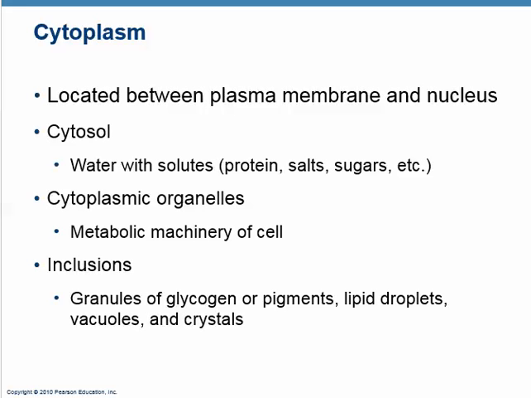Basically, if you were to break this down and look at some sort of an analogy, let's talk about a wood stove in a room. The cytosol is the air in the room, the organelle is the wood stove, and the inclusions are the firewood. That basically sums it up.